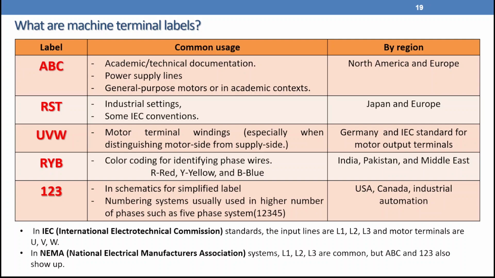So here we can use either ABC or UVW, depending on the machine we are going to use. I hope that is clear now, because when I explain the machine terminals, I am going to use ABC, but in the live demo we are going to find UVW.